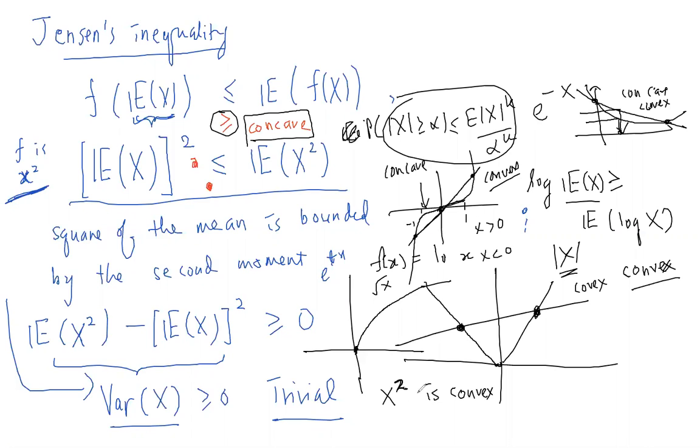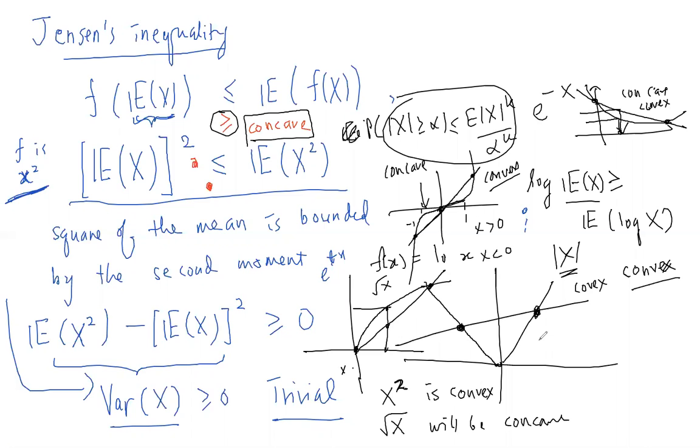For positive values, you can invert it, and the square root of x, only for positive x, will be concave, because for any 2 points, the value on the curve dominates the value on the line.